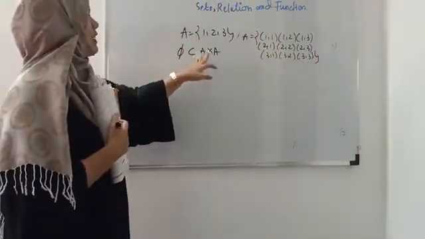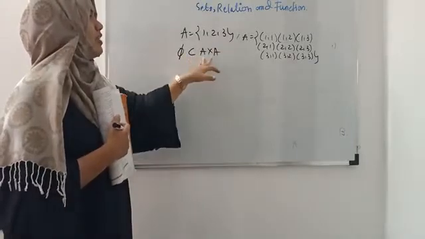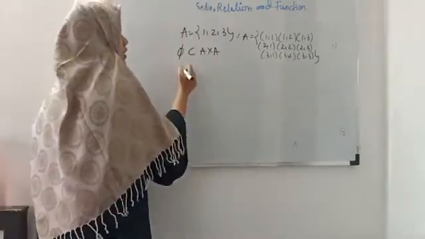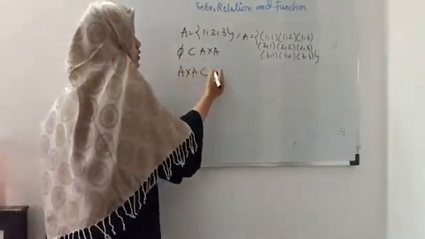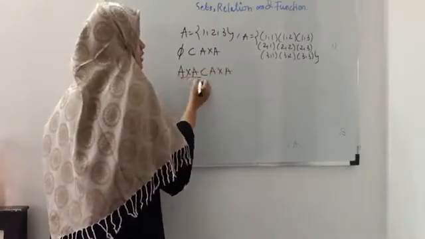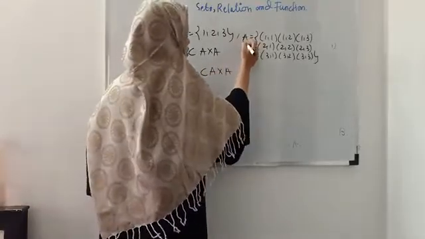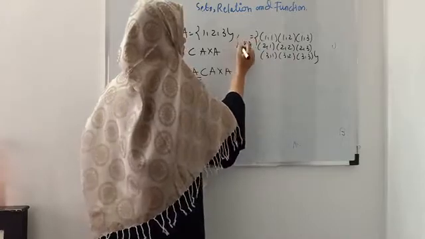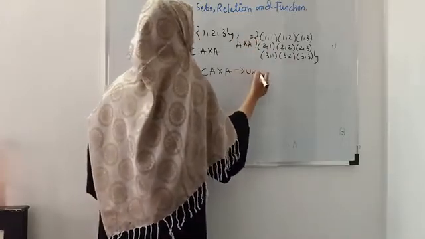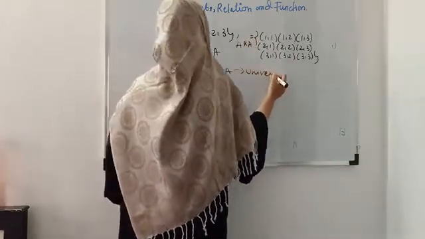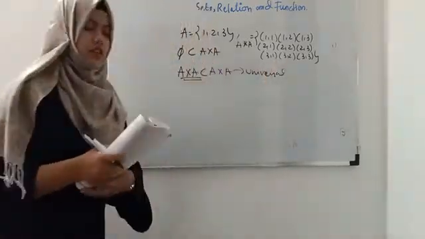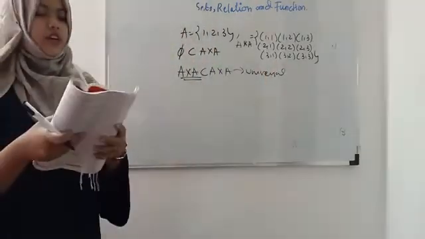So clearly phi is a subset of A cross A, therefore phi is a relation over A, and A cross A is also a subset of A cross A, therefore this is called universal relation. I hope till here it is clear.